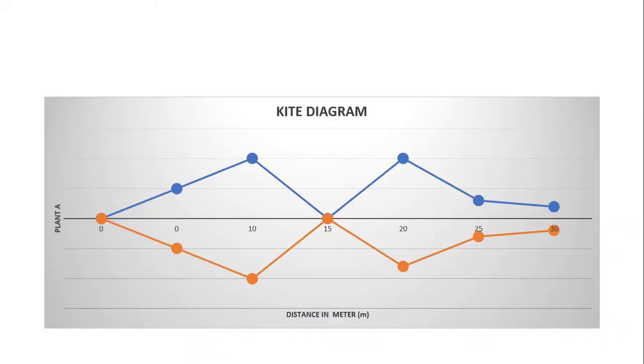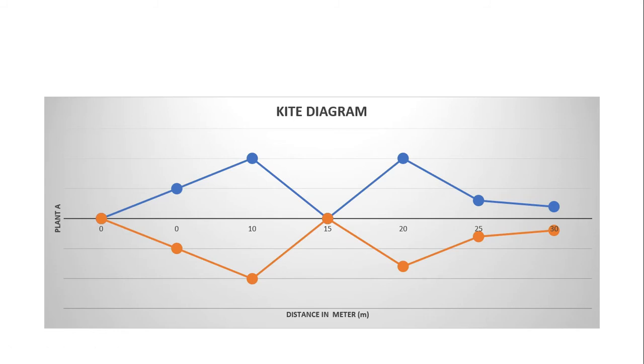This here represents a kite diagram, and the line in the middle here represents the transect line. Now, the transect line has a scale pretty much in meters. So it goes up from 0, 5, 10, 15, 20, 25, so on, 30 upward.